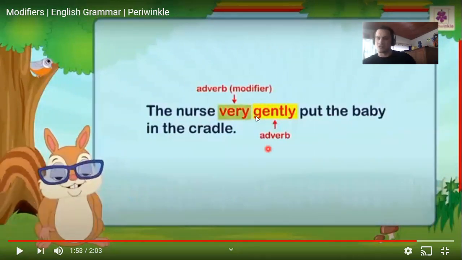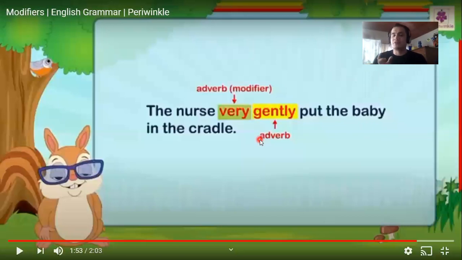Okay, pay attention to this one for today. Let's pay attention to a specific modifier. The nurse very gently put the baby in the cradle, right? La enfermera muy suavemente o muy amablemente o muy cordialmente puso al bebé en la cuna.